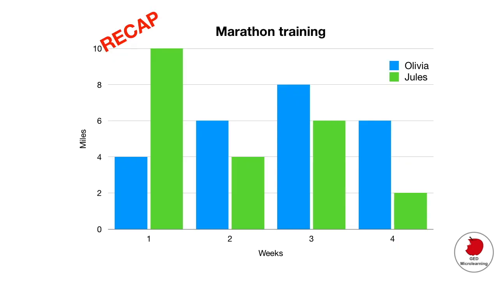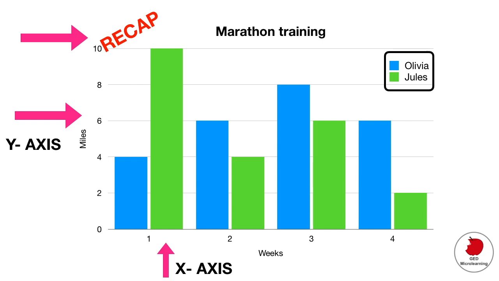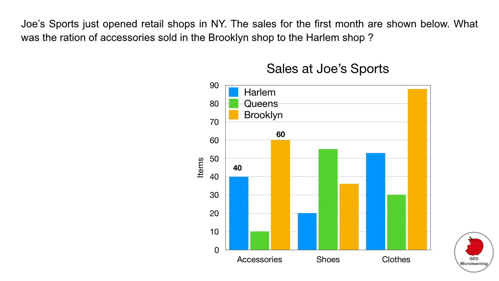All right, so once again, let's remind ourselves, I know it's getting boring, but I really want to drill it into your head. Whenever you read a bar graph, first we're going to look at the title, then the y-axis, then the x-axis, and then we're going to look at the legend. All right, so here we look at the title. It tells us it's sales at Joe's Sports, and then the y-axis tells us how many items they've sold.